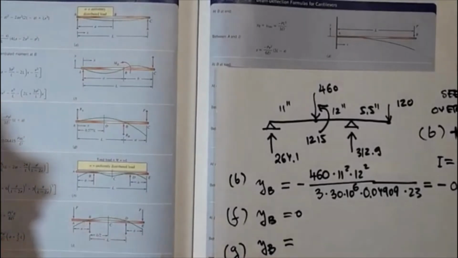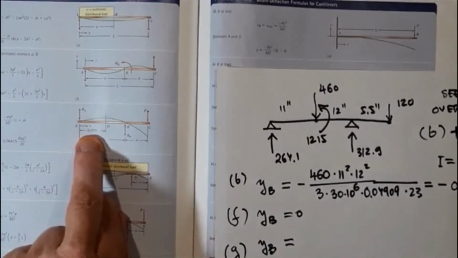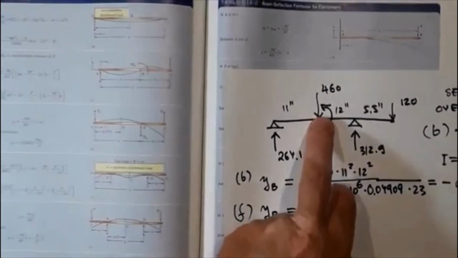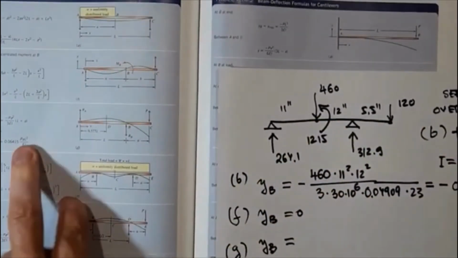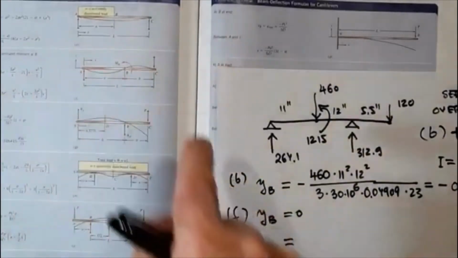Let's see, if I take 11 plus 12, that's 23 times 0.577, that's 13. It doesn't help. I was hoping that 0.577 times full length is going to give us, yeah, what a shame. So there's no equation for this type of loading that gives me the deflection at any point x.